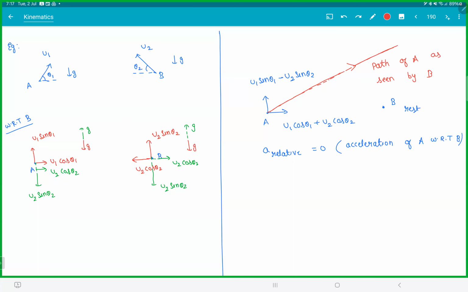That is because the acceleration got cancelled, and these will be the velocities there. So this is an important statement here. B thinks A is going with constant velocity. So this is a theoretical question, a statement question. The motion of one projectile with respect to another projectile is always a straight line.